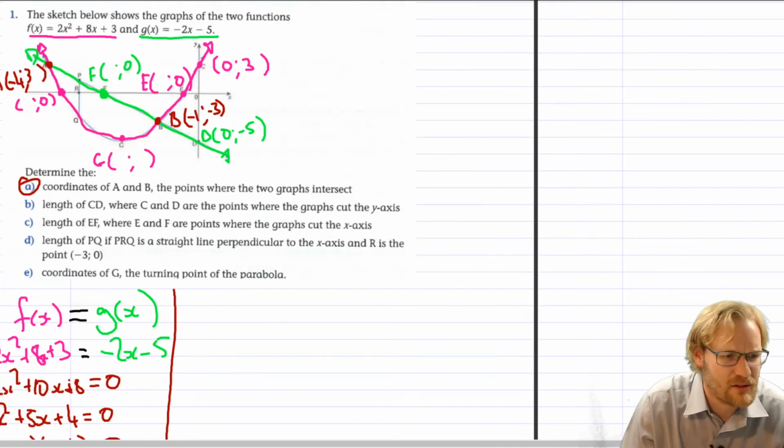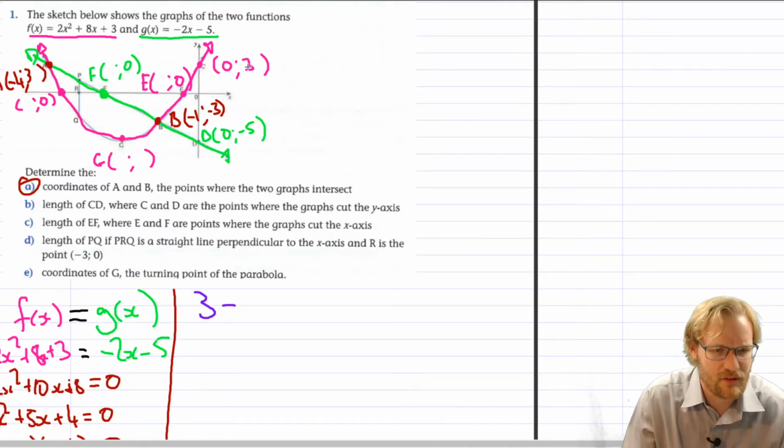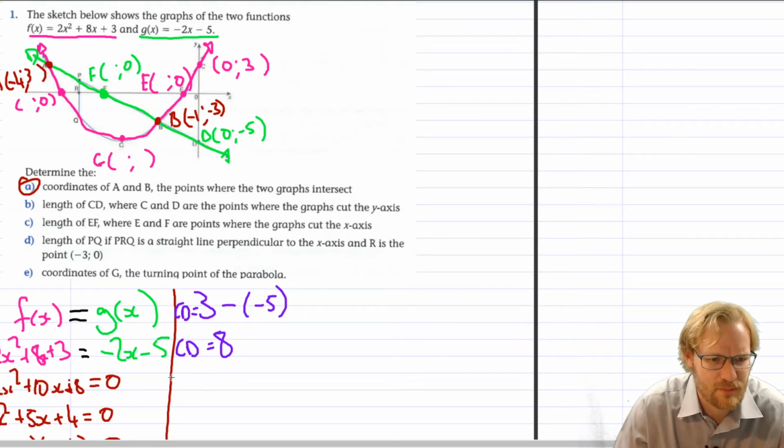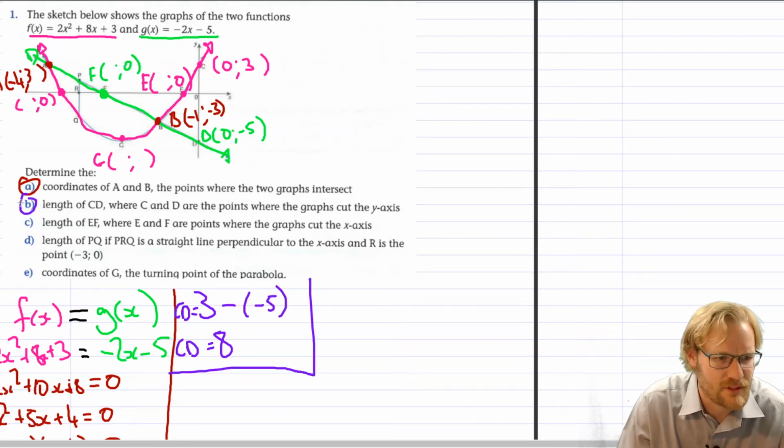We can pretty much just read that off: 3, the more positive value, minus the other value. 3 minus minus 5 is 8. So CD equals 8. We've written it in the diagram, so that's enough working to show that we got those points. Okay, that was B.